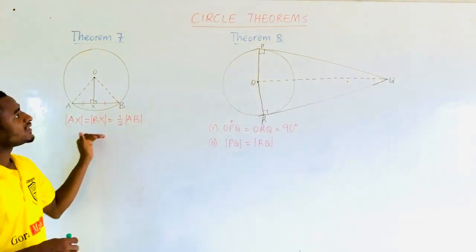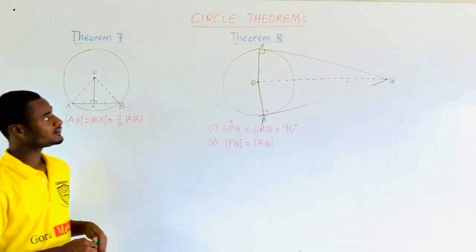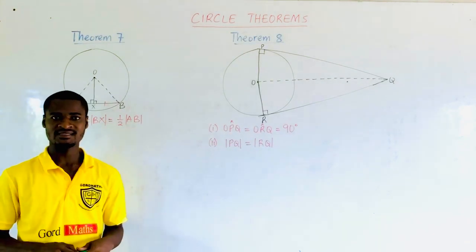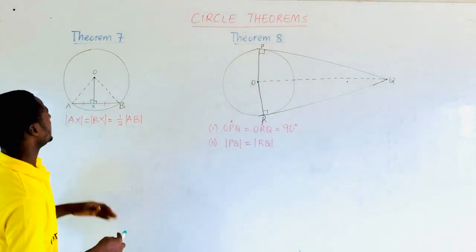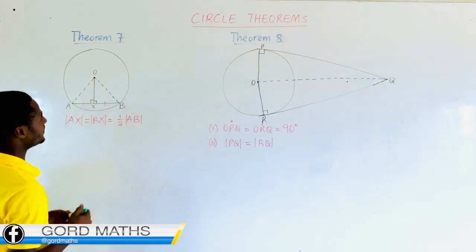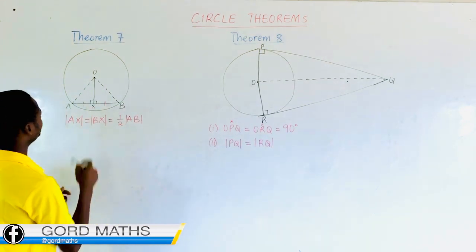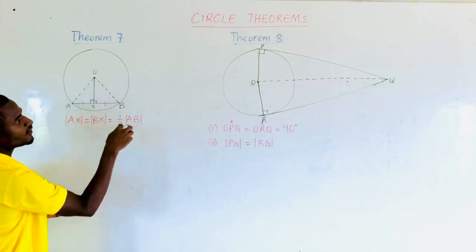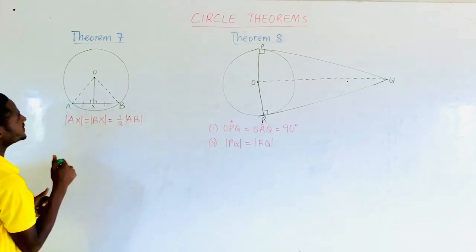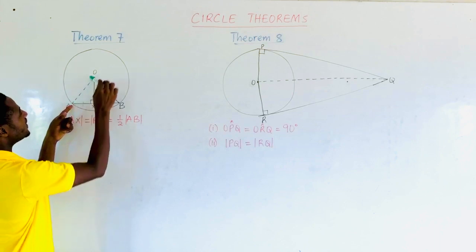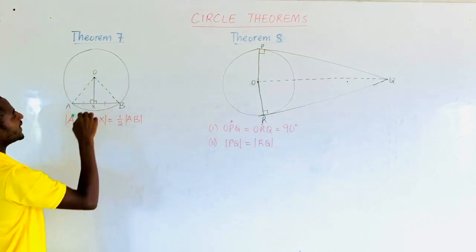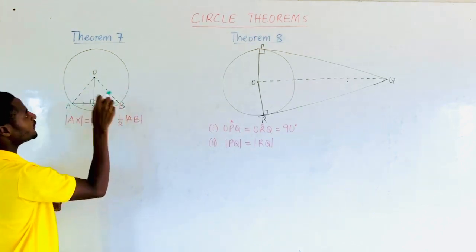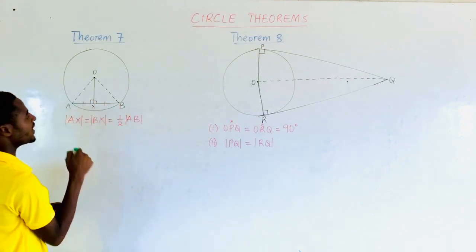The 7th and 8th theorems of a circle are supplementary properties of the circle. Now, if you look at this diagram, you realize that AOB is an isosceles triangle. From the previous theorem, we have seen that 2 radii, when they meet a chord, form an isosceles triangle.